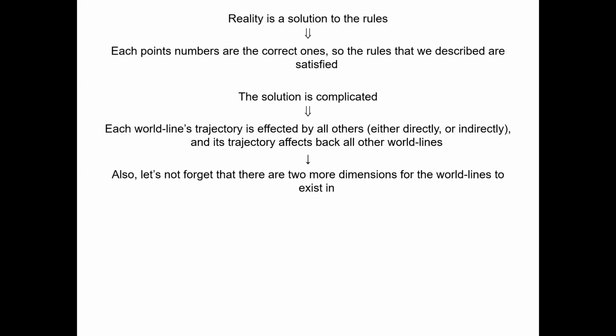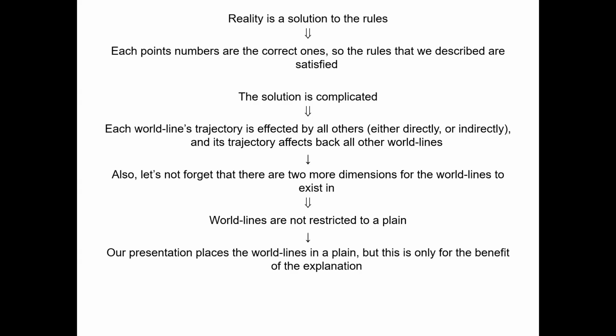And also, let's not forget that there are two more dimensions for the world lines to exist in. This means that world lines are not restricted to a plane. The restriction to the plane is only in our presentation, and this is only for the benefit of the explanation.